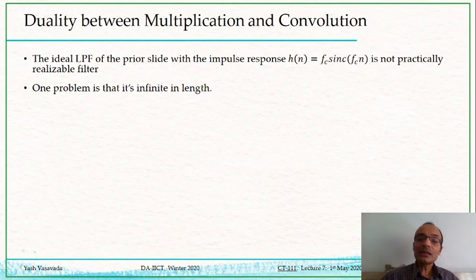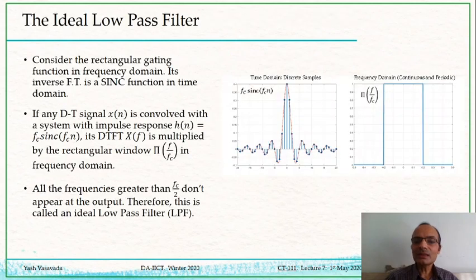But on the other hand, the good thing is that because of the divide by x, as the absolute value of n keeps on becoming bigger and bigger, the value of the sinc function keeps on decaying. That is seen here. At n value of about 20, you can see that the sinc function has decayed quite a lot.